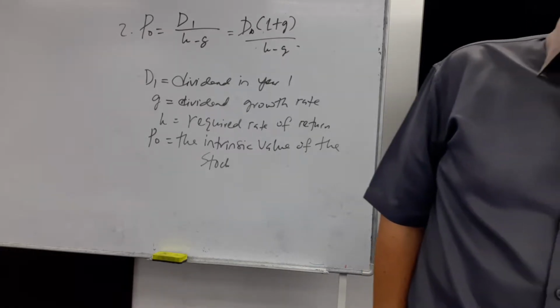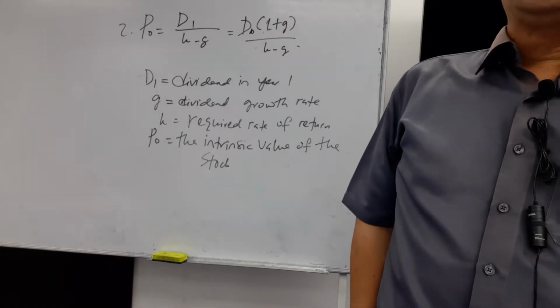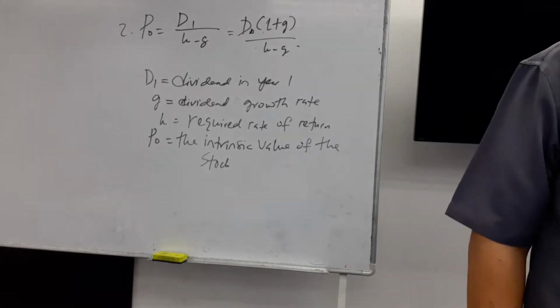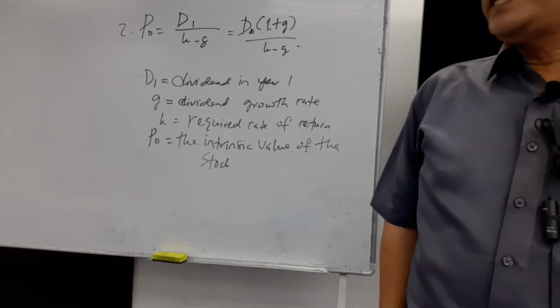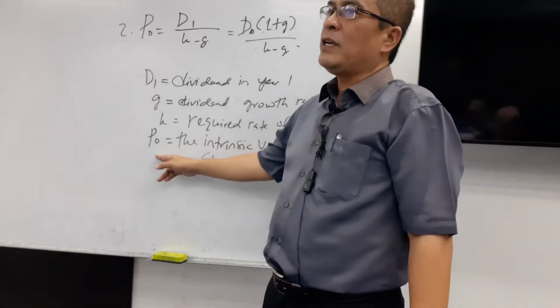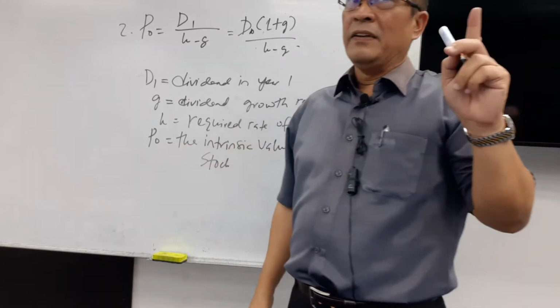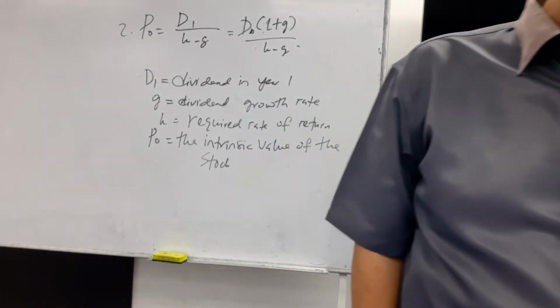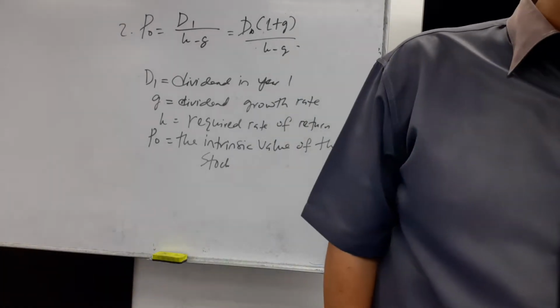But the textbook uses V0 instead of P0. It refers to the same thing. V0 or P0 does not matter, as long as you know that it refers to the intrinsic value of the stock. The textbook uses V for value. Okay, so V0 is equal to D1 over K minus G.